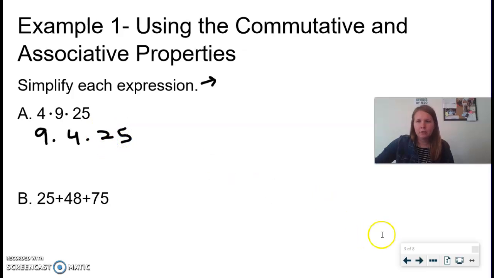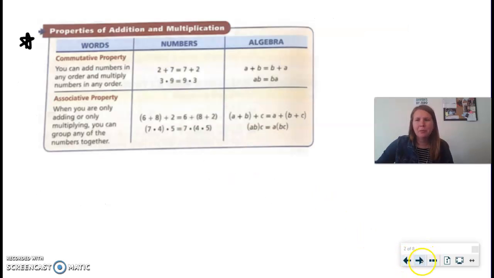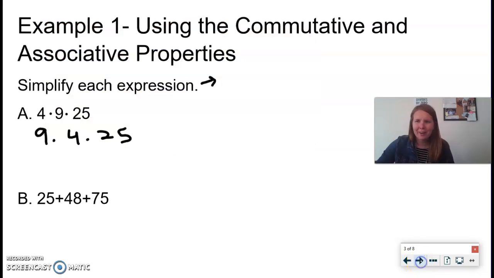So I'm using that associative property, commutative property. Oh, here we go. Already messing them up. Because I already know what 4 and 25 is. So I could easily multiply that because I'm thinking about quarters. 4 quarters equals $1, so it's $1. So then I just have 9 times 100. 9 times 100, that's easy. That's 900.